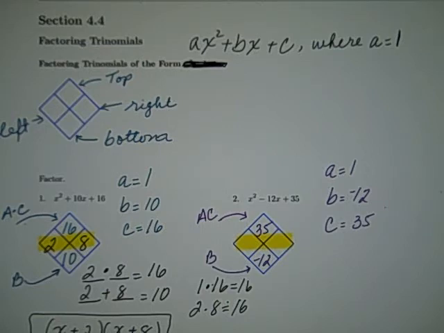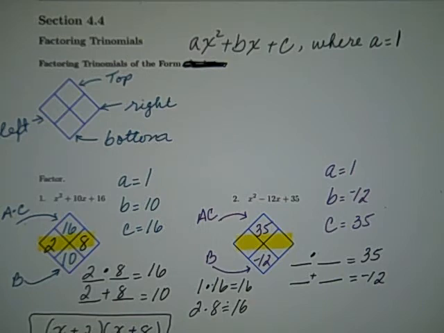To do that, we have to look for two numbers that when we multiply give us 35, which is your top spot, and when we take the sum, that is equal to negative 12, the bottom. Here's the tip.